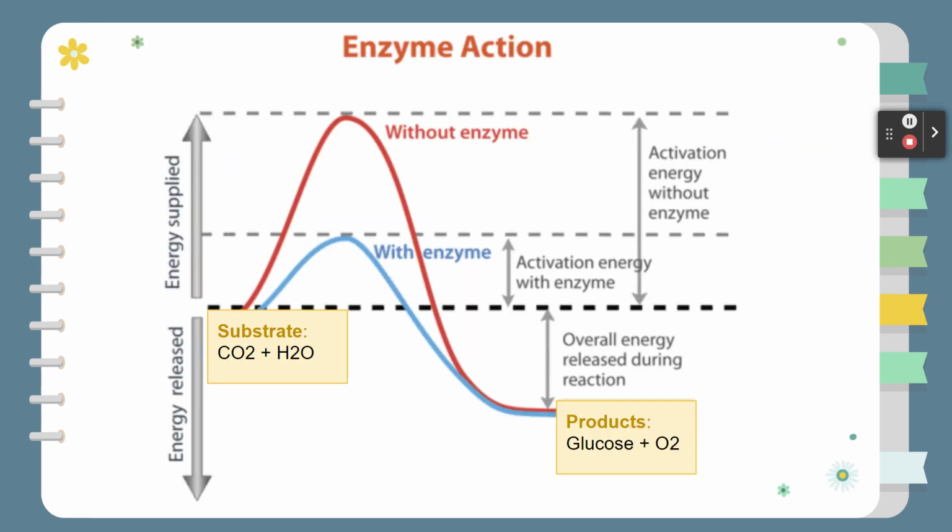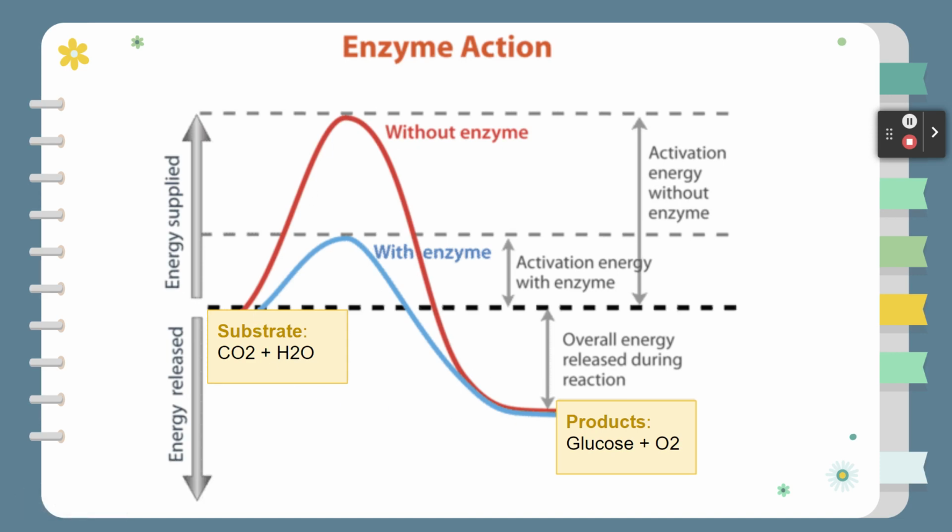Let's visualize the energy needed for photosynthesis with and without enzymes using a graph. As you can see, the reactants, our substrate, and our products are the same with or without enzyme. The blue line is indicating what it looks like with enzyme, red is without enzyme.